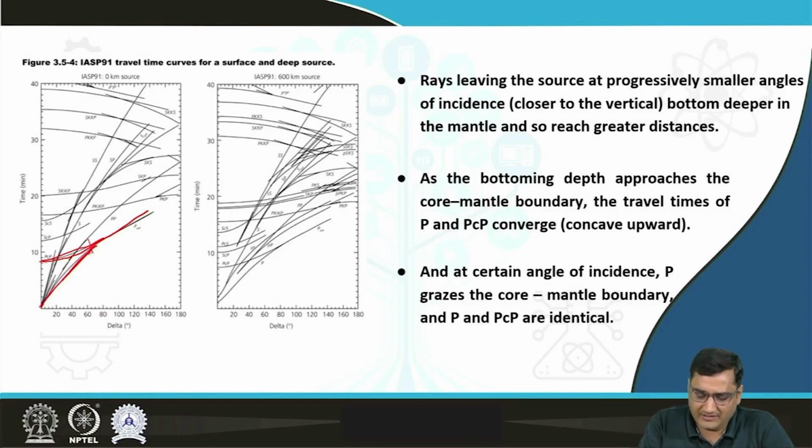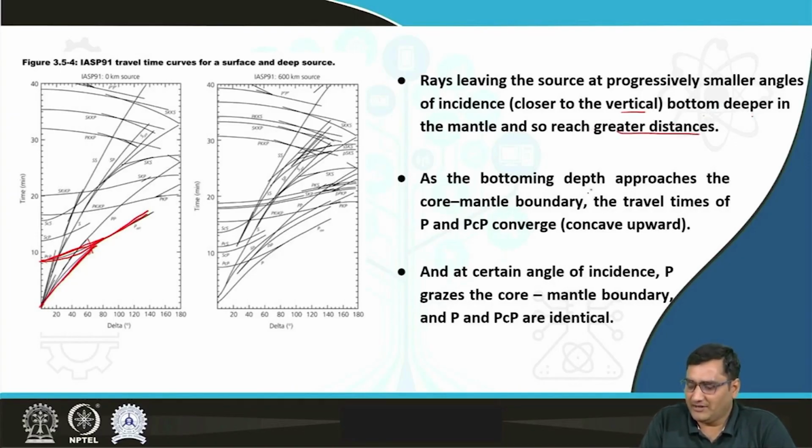Since this PcP phase is reflecting from the core-mantle boundary, if we derive the travel time curve for PcP, it will always be concave upward. So that is what is written. Rays leaving the source at progressively smaller angles of incidence, closer to the vertical, bottom deeper in the mantle and reach greater distances.